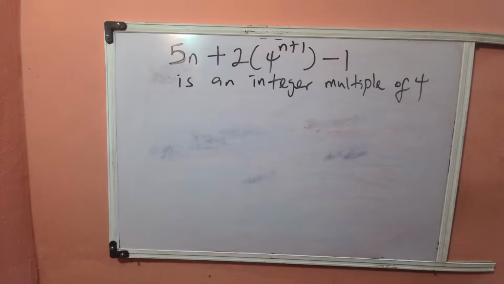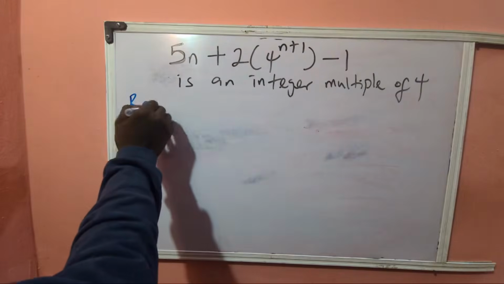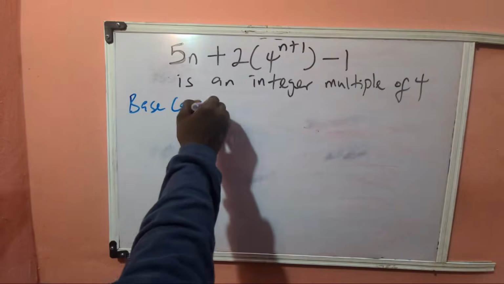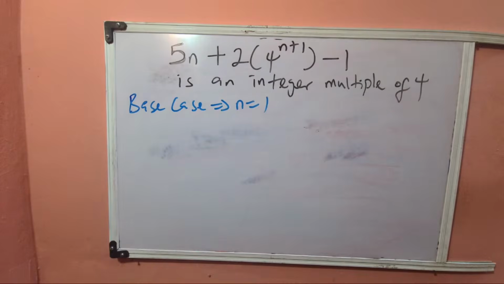So we are told to prove that this function is an integer multiple of 4. Let's test for the base case, which is when n equals 1. Let's check if, when we fix in n equals 1 here, we get an integer multiple of 4 as our answer.